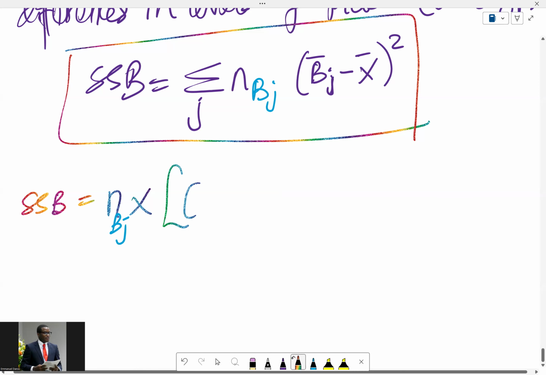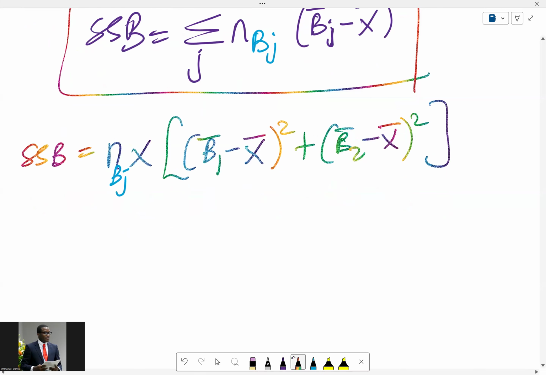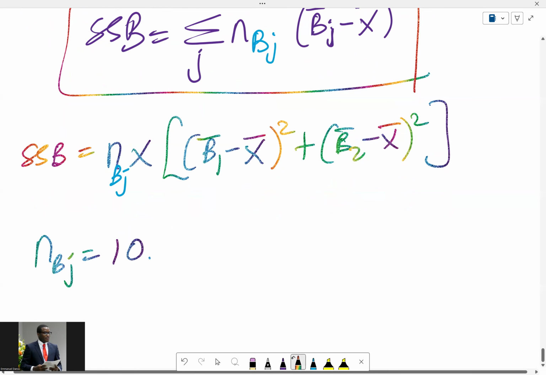So here we have (B1 bar minus X bar) all squared plus (B2 bar minus X bar) all squared. Interestingly, n_Bj here is 10, like n_Ai, which is okay.